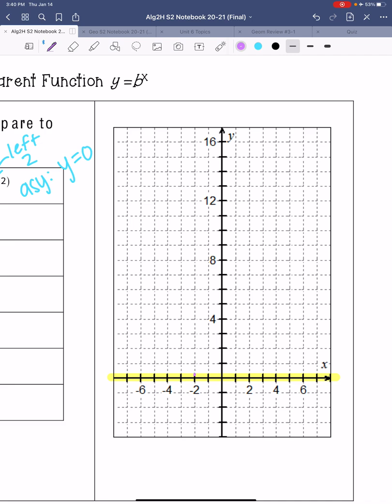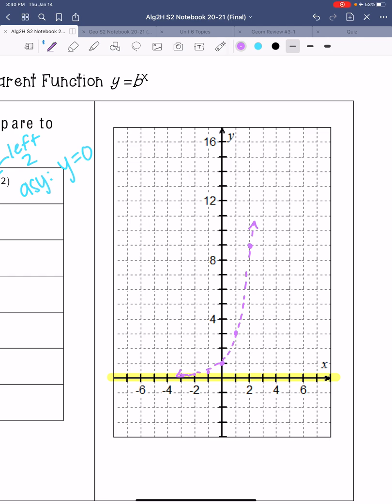And then we had -1, 1/3, so right about there. And then we have 0, 1, and then we have 1, 3, and then we had 2, 9, and 3, 27 doesn't fit. Okay, so this right here is my parent function. Again, it's dotted because it's not my final graph.